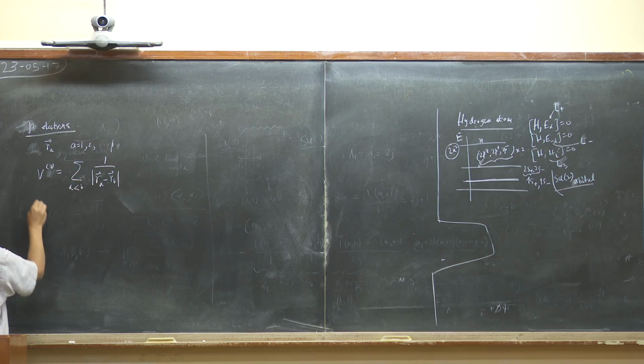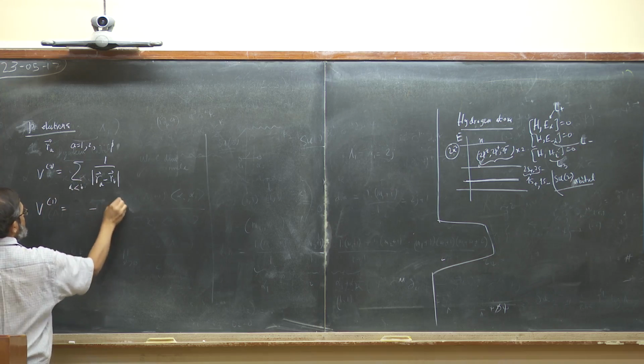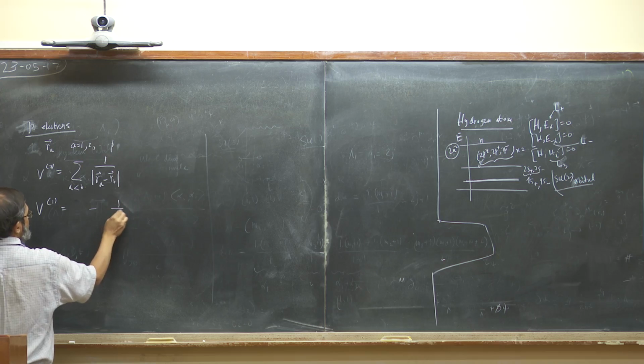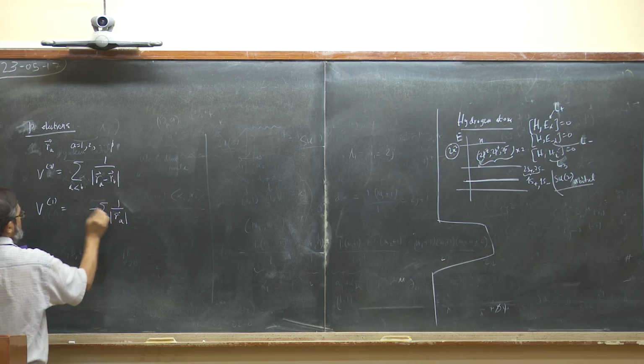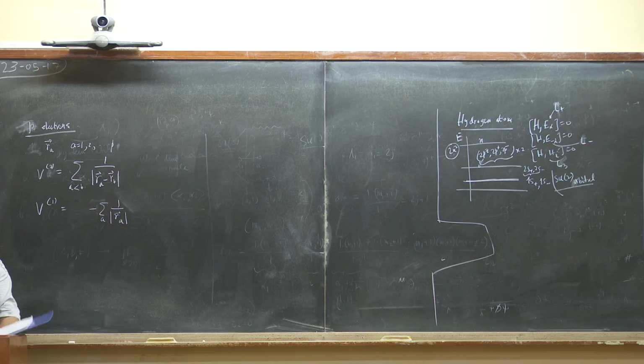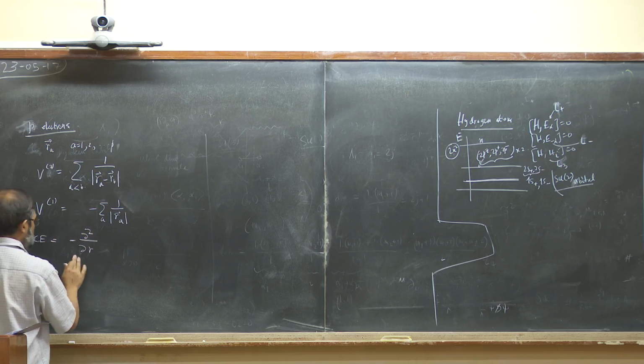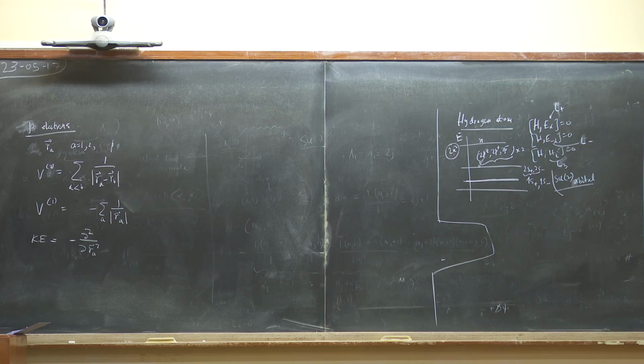The one-body potential continues to be 1 over R_A, summed over A, and of course there's a kinetic energy, which is minus del squared with respect to R_A, summed over A. I'm not writing any constants at all: e, h-bar, m, c, anything.